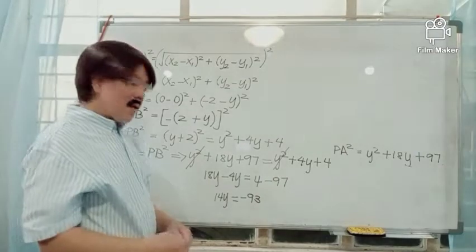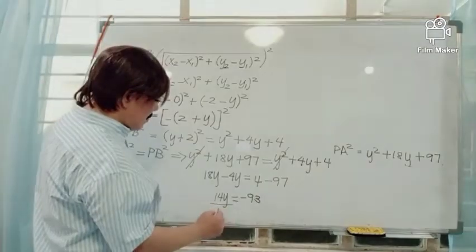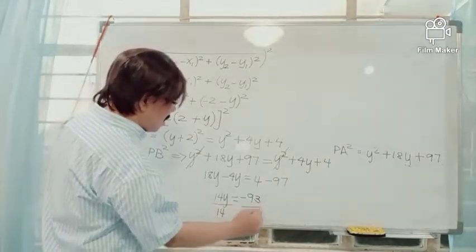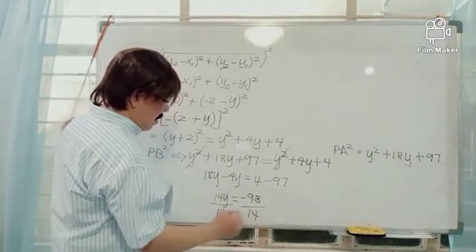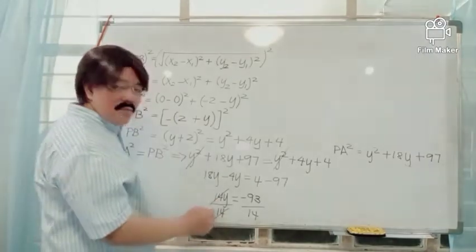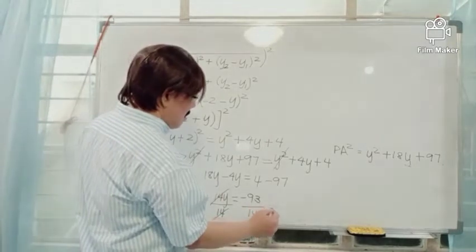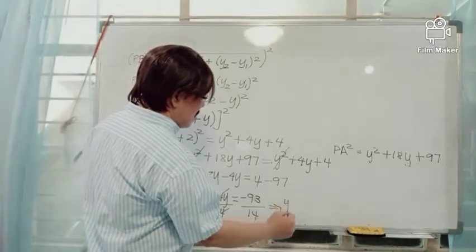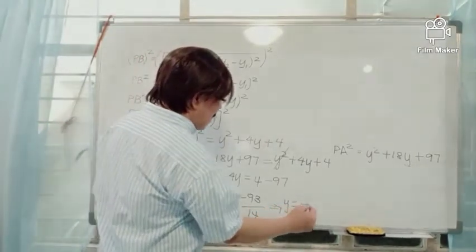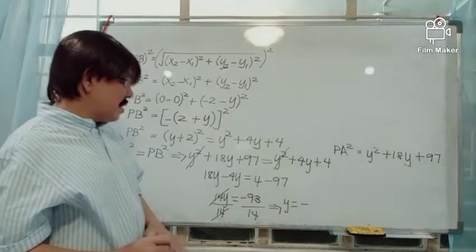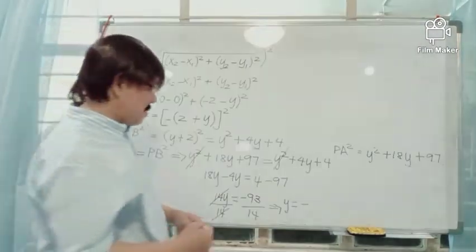And to solve for y, we divide both sides of the last equation by 14. And 14 will cancel out from the left-hand side. And this gives us the value of y equals negative 93 over 14.